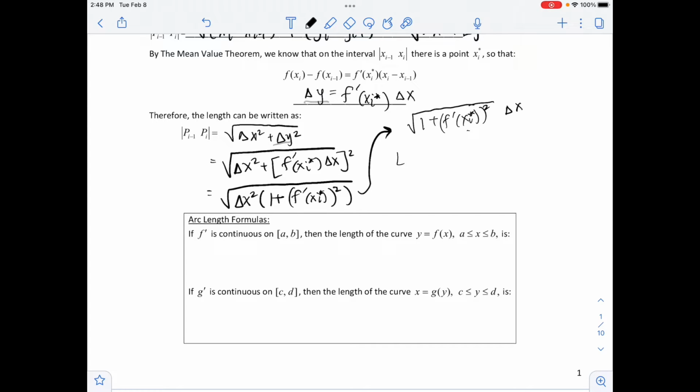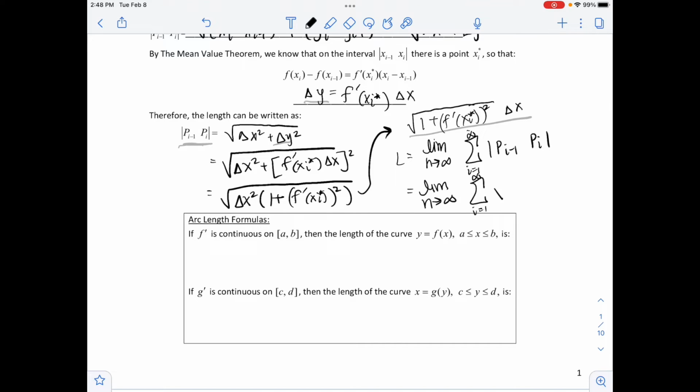And since we know the length, as defined up above, would be the limit as n approaches infinity of the sum from i equals 1 to n of each segment, which is P_{i-1} to P_i, this is going to equal the limit as n approaches infinity of the sum from i equals 1 to n of that distance with the radical expressed up above.